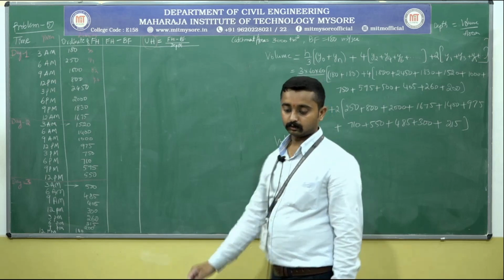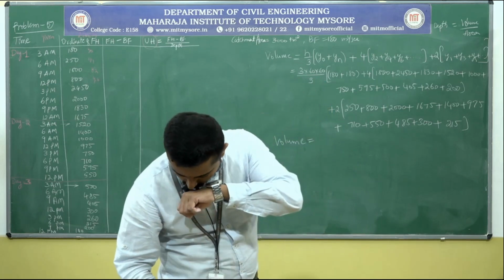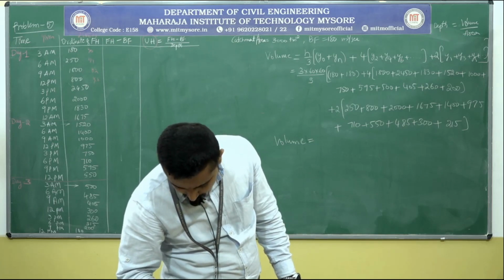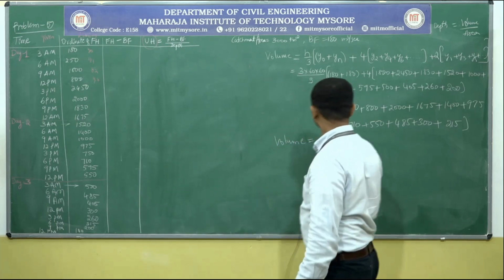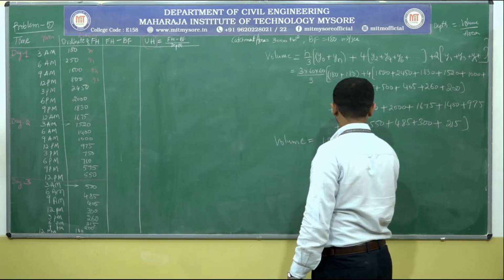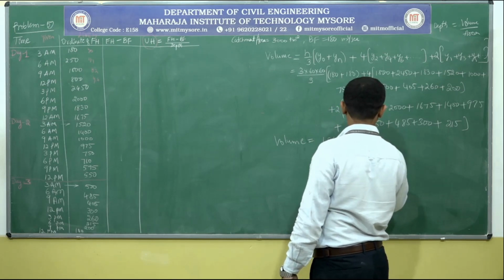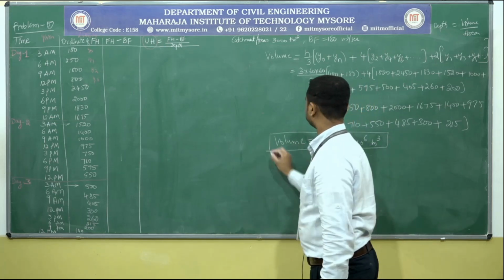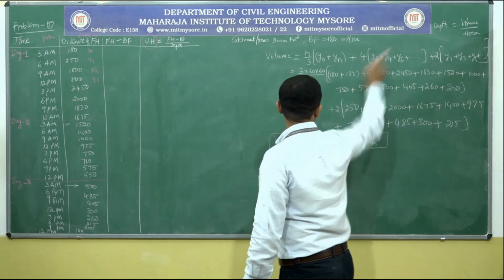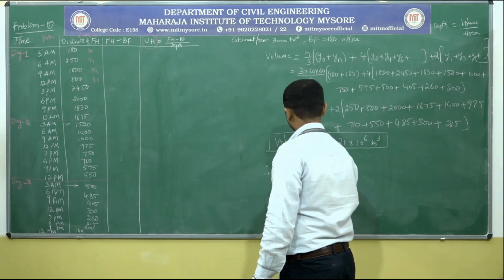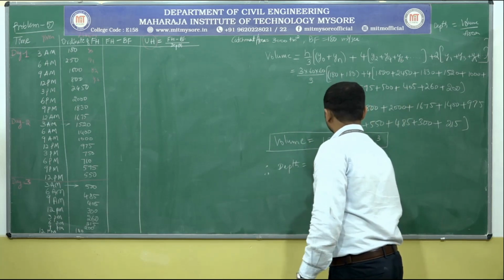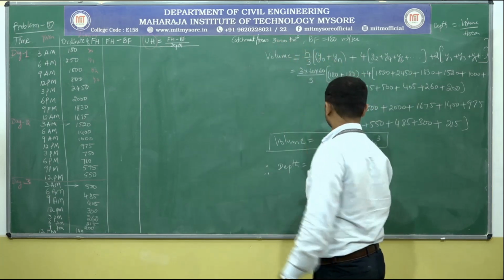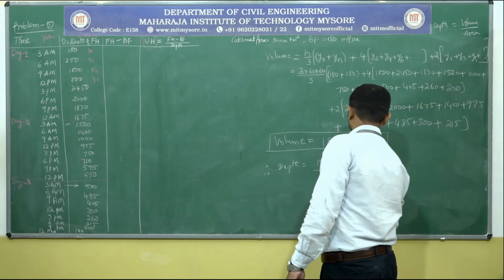Calculate the volume. You will get the volume as 186.21 into 10 power 6 meter cube. Therefore, depth is equal to volume, 186.21 into 10 power 6, divided by area 3000 into 10 power 6.